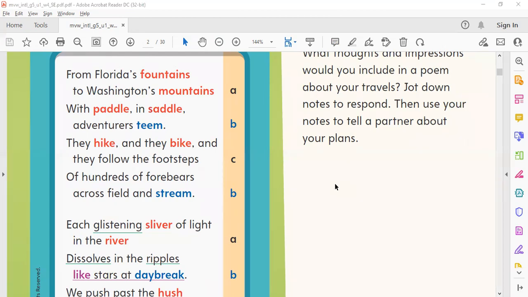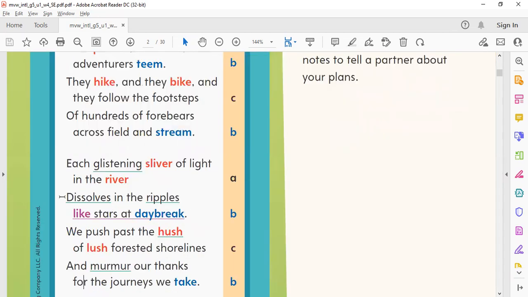Also here, we have "hike and bike", which creates an internal rhyme because there are two words that rhyme inside one line. And of course, "team" and "stream" rhyme together, so they create a rhyme scheme.